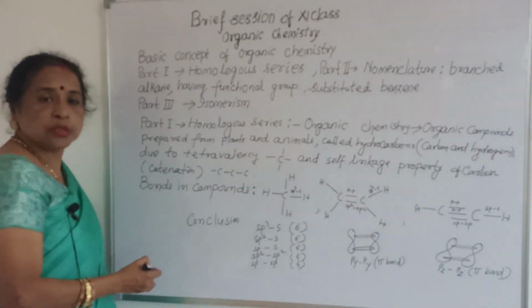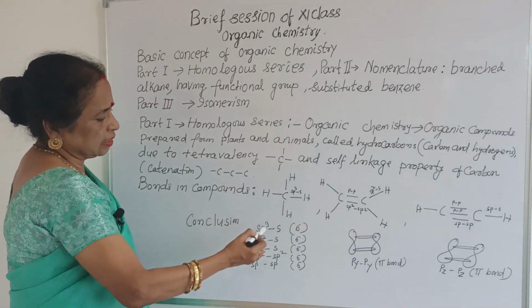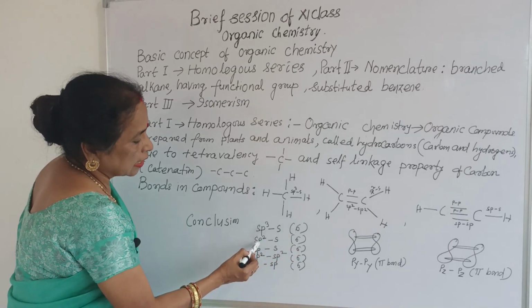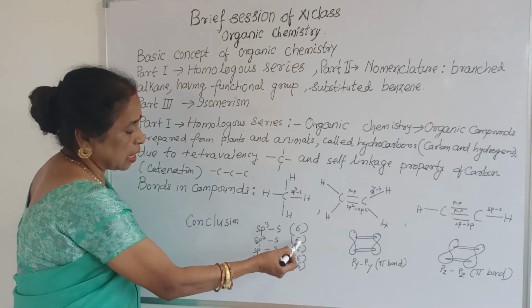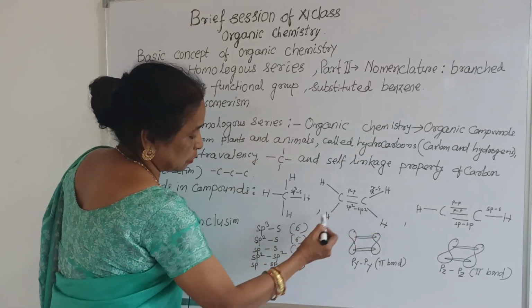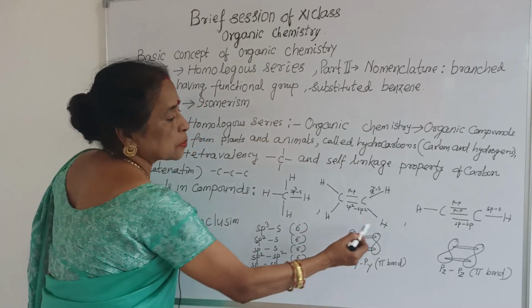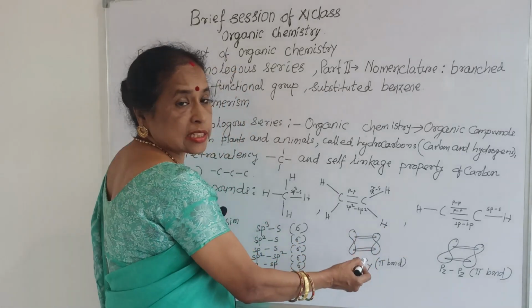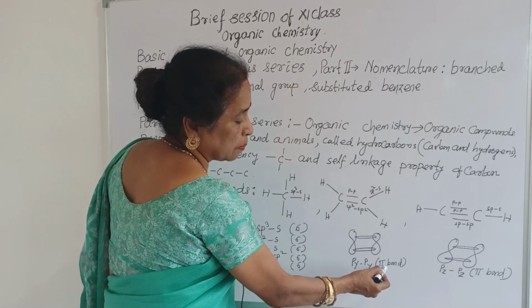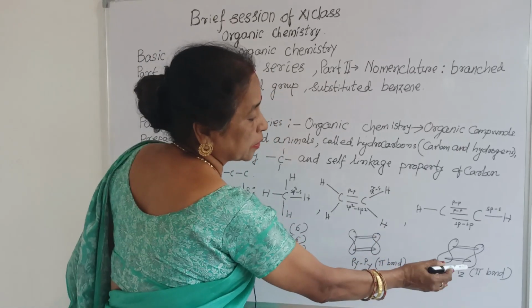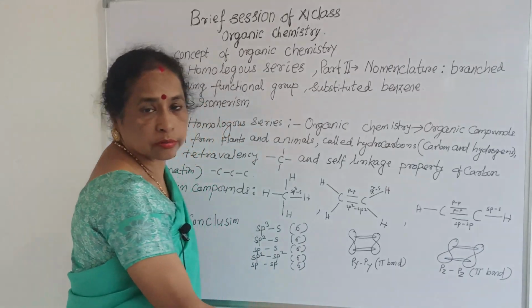Then come to the conclusion. Here you can find sp3-s overlapping gives sigma, sp2-s overlapping also gives a sigma bond, sp-s sigma, whereas sp2-sp2 sigma and sp-sp sigma. And now py lateral overlapping gives a pi bond, and pz lateral overlapping also gives a pi bond.